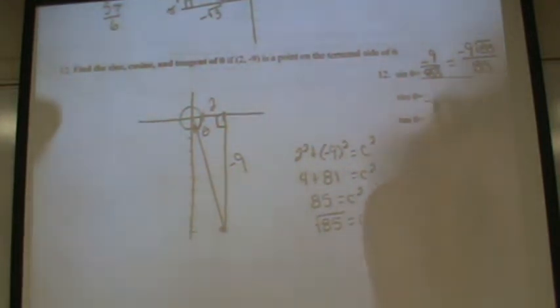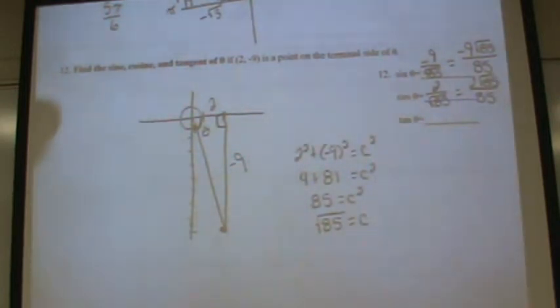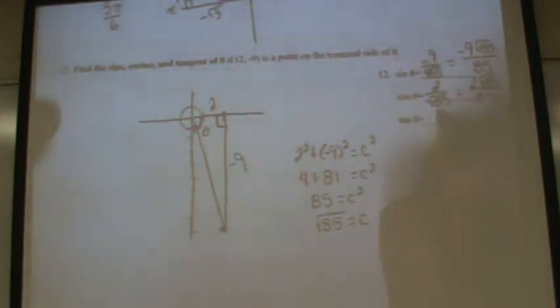Cosine is adjacent over hypotenuse, so that's 2 over root 85. And again, rationalizing, you get 2 root 85 over 85. And then we need to find the tangent of theta. Tangent is opposite over adjacent, so that's negative 9 over 2.